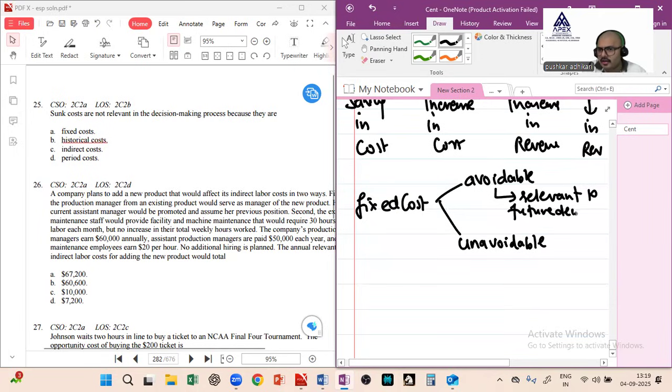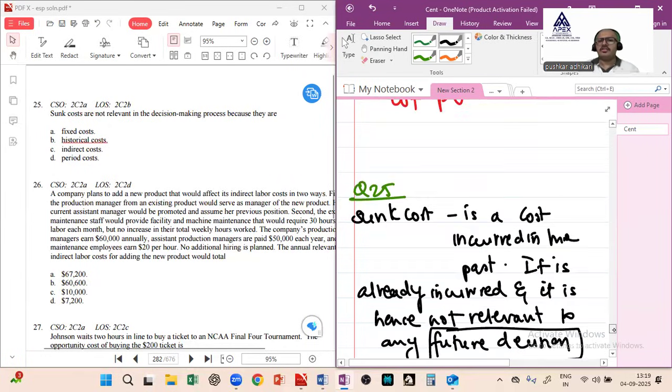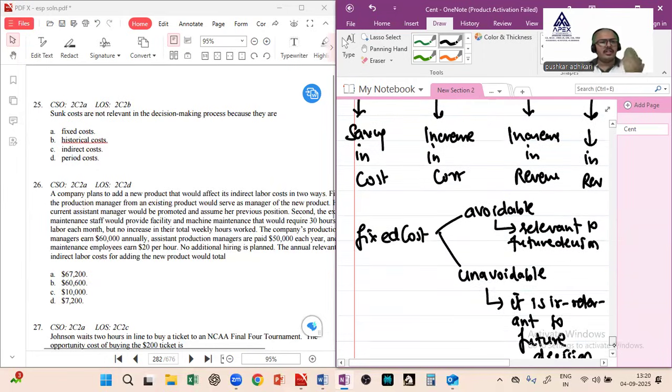But if it is unavoidable, it is irrelevant to future decision. Please try to understand this particular aspect. Now, historical cost. Historical costs are sunk costs. These costs are incurred in the past and they have no relevance in the future.